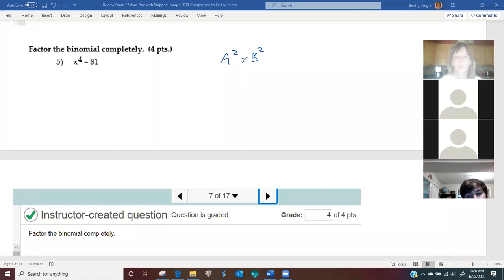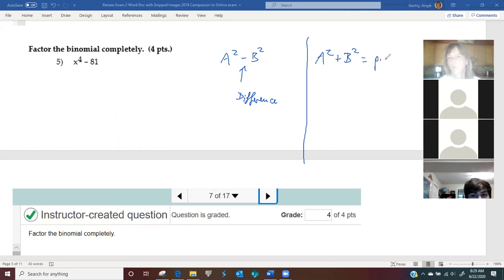So you ask yourself, difference is important, right? That's a difference. That's the key. So you're subtracting. So if you had something like this, x squared plus 9, for example, you would say that's prime. You cannot factor a sum of squares.